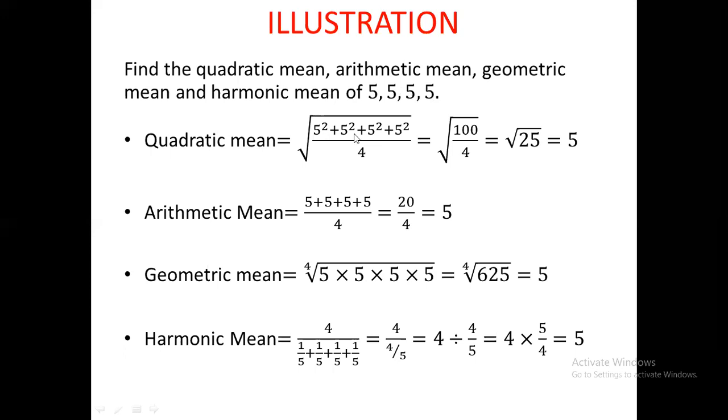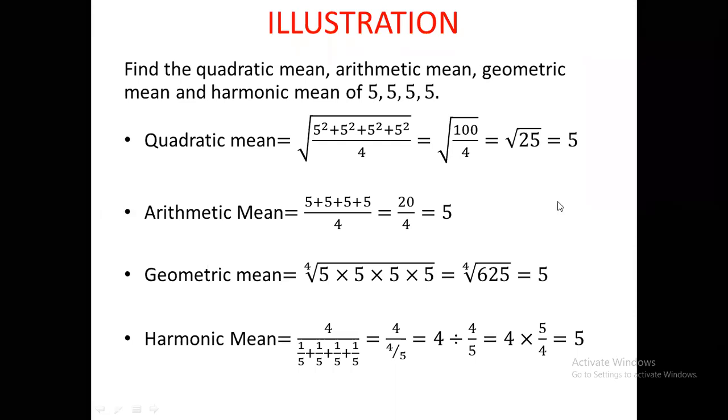All right, we have given observations that are all equal in value, and we see that it resulted in quadratic mean, arithmetic mean, geometric mean, harmonic mean, all yielding the same value, which is what? 5. Okay, it's very important we note this. You would understand this better as we move along. This is what we call the equality case, as we're going to be seeing in the next class.